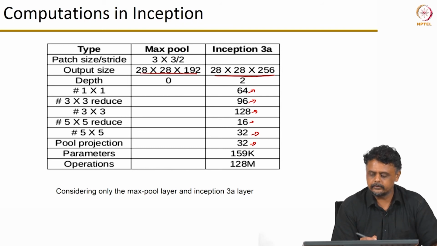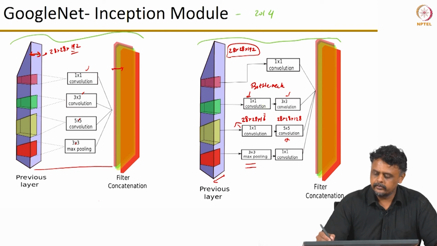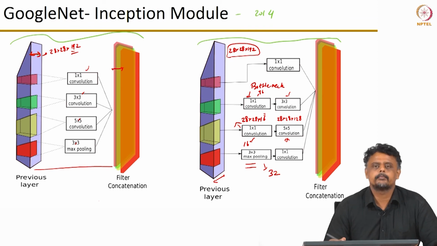If you recall some of these numbers, the reduce is basically here. Prior to 3 cross 3 we would have 96 feature maps, and prior to 5 cross 5 we will have 16 feature maps, and then the output of the max pooling would give you 32 feature maps.